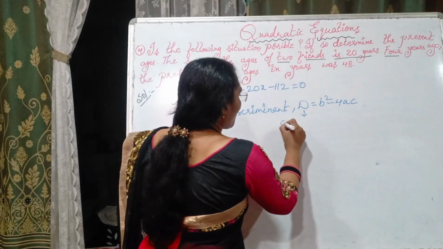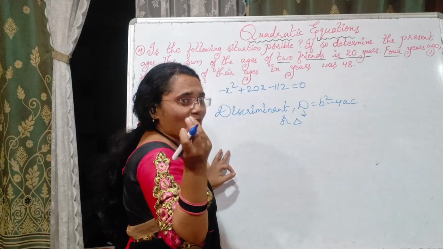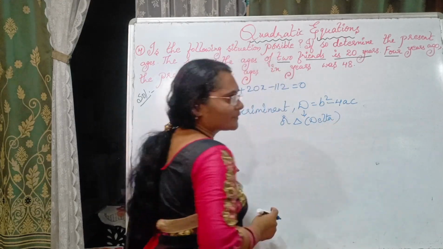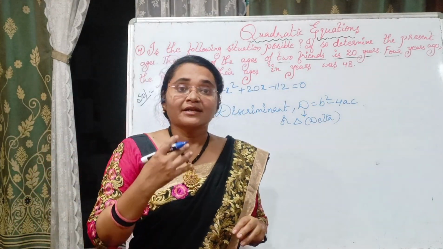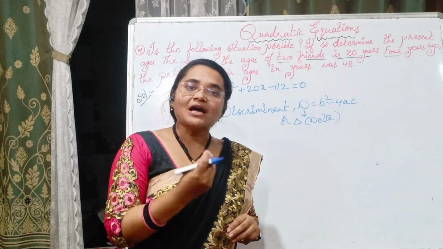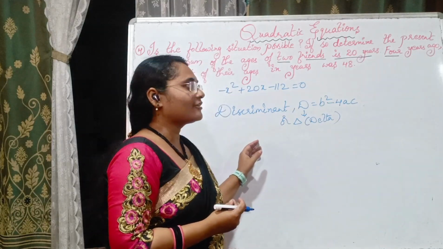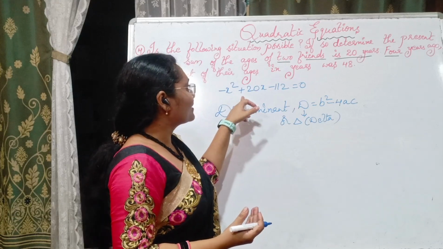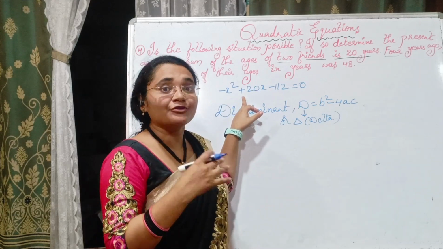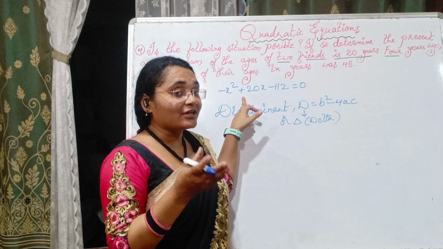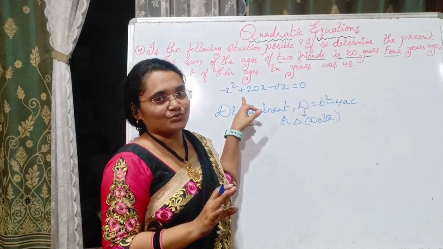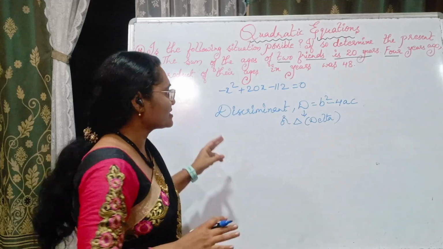D we can write as delta, a small triangular shape we can draw. The name is delta. We have three conditions here by which, without finding the quadratic formula's total value, we can determine whether the given quadratic equation has roots or not, whether those roots are real or not, and whether it does not have any roots. We will see what the three conditions are, students.